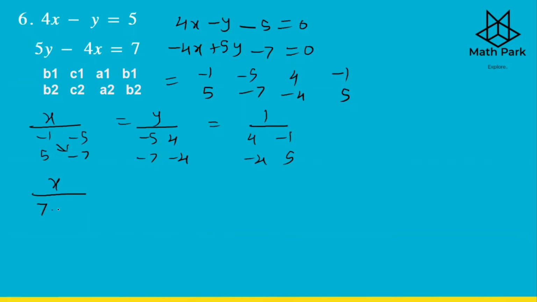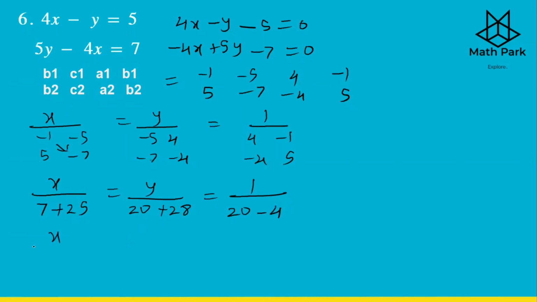Minus of minus 25 is going to be plus 25, is equal to y upon minus 5 into minus 4 is positive 20, minus 7 into 4 is minus 28. Minus of minus becomes plus 28, is equal to 1 upon 4 times 5 is again 20, minus 4 into minus 1 is positive 4, and positive, minus 4 you get over here.